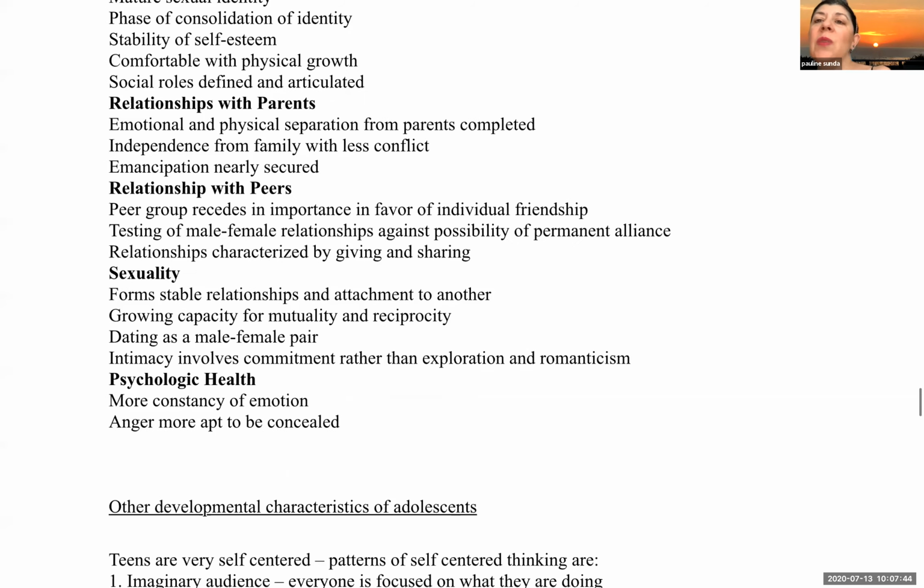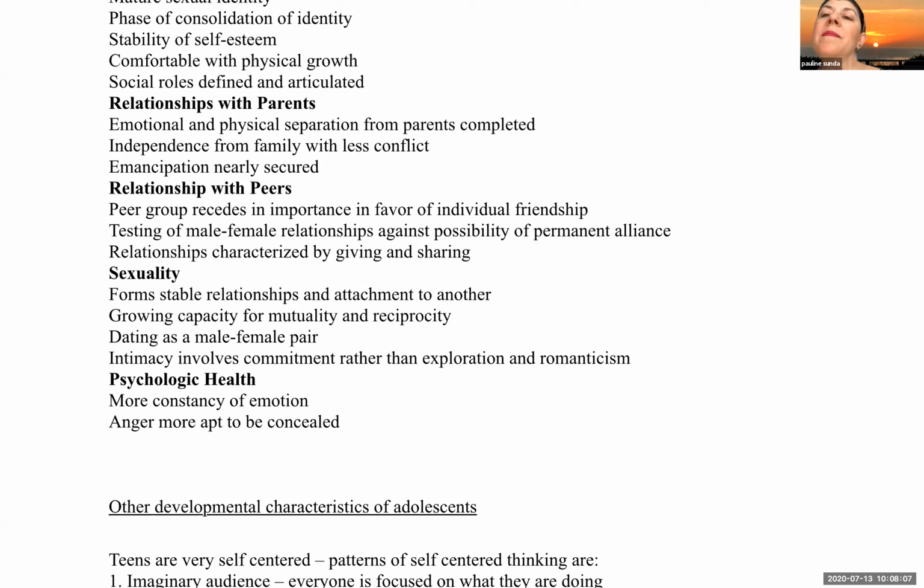The relationship with their parents: here, that emotional and physical separation from the parents is often complete. Because there is an independence from their family, there's a little bit less conflict. Relationships with the peers. So the peer group recedes in importance in favor of individual friendships.